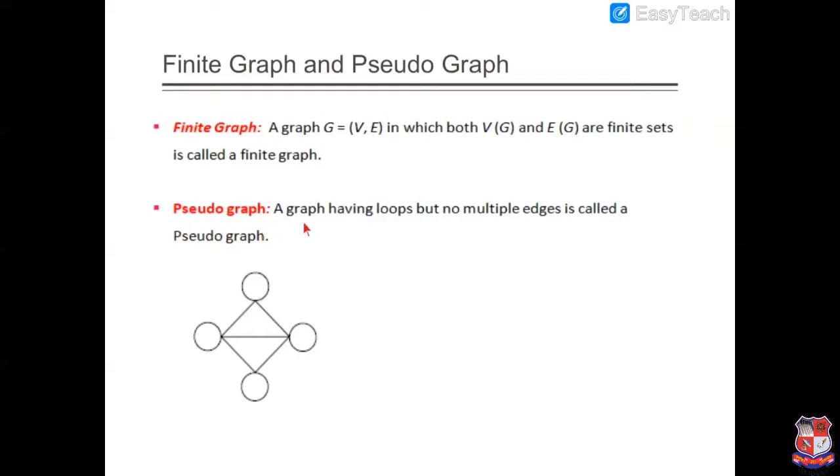Pseudograph. A graph having loops but no multiple edges is called a pseudograph. In this graph, there are loops at every vertex, but there are no multiple edges. So if there are only loops but no multiple edges in a graph, then this graph is called a pseudograph.